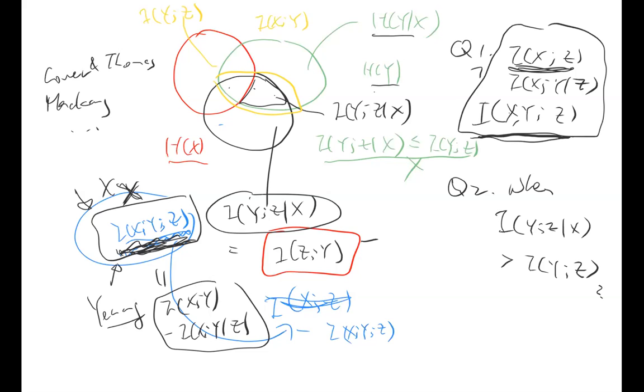Okay. Again, do not use a comma in mutual information, because that's confusing. When you say I(x, y, z), it's not clear what you actually mean.